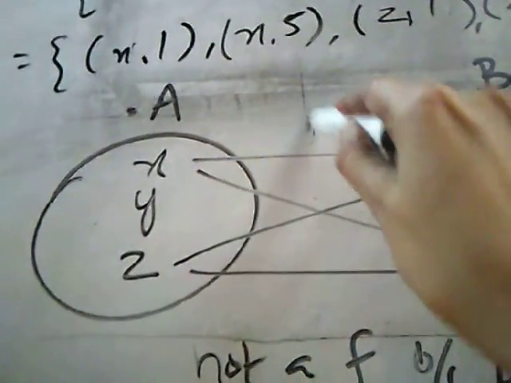So this is a representation of a function. Here we will write R1, because these arrows show that the binary relation is being made. And what binary relation is being made? This R1 binary relation.